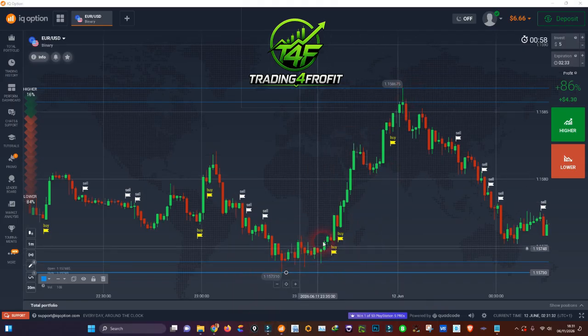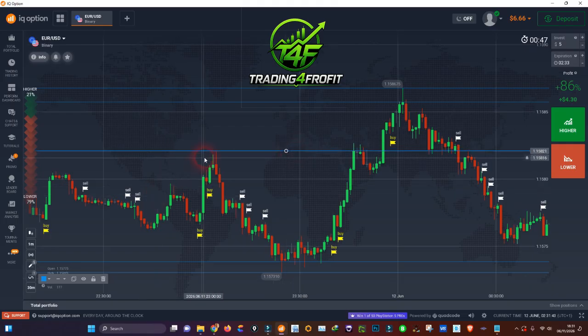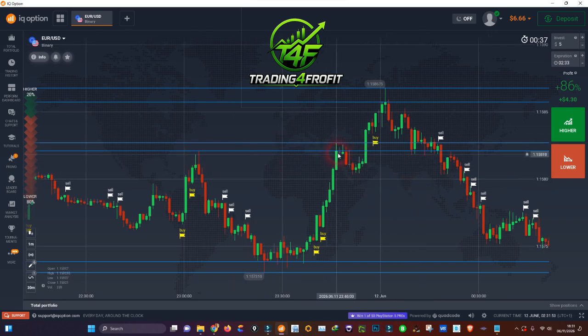So we also have minor levels. For instance, this is also a level, not like a major level, but it's also a level because as you can see, the market touched there and the same thing happened here. You can see the market reverse here, here.